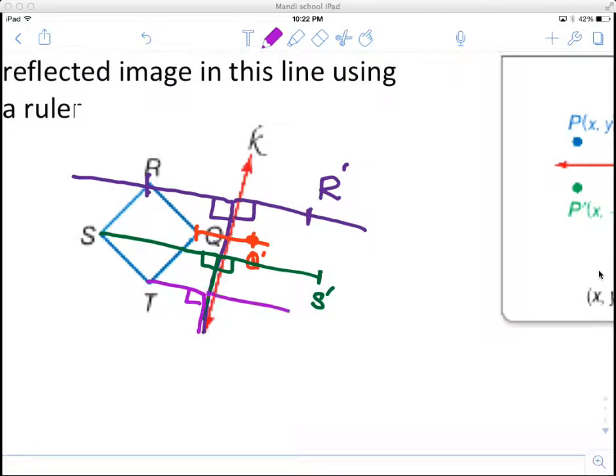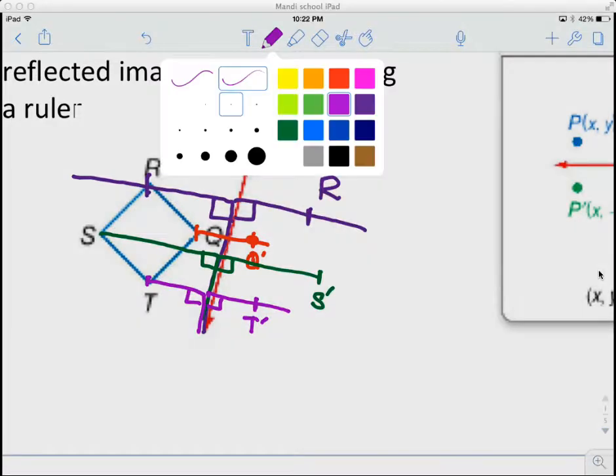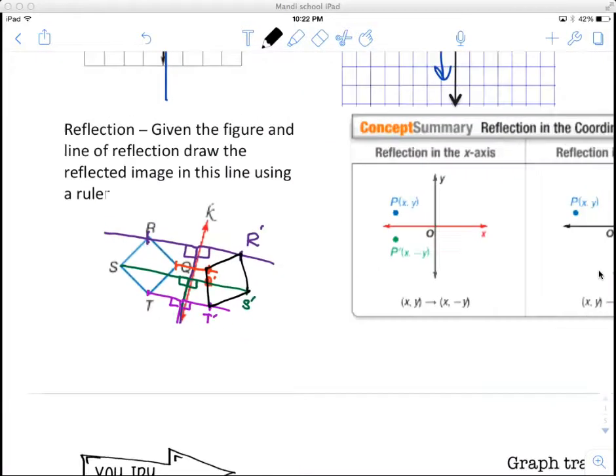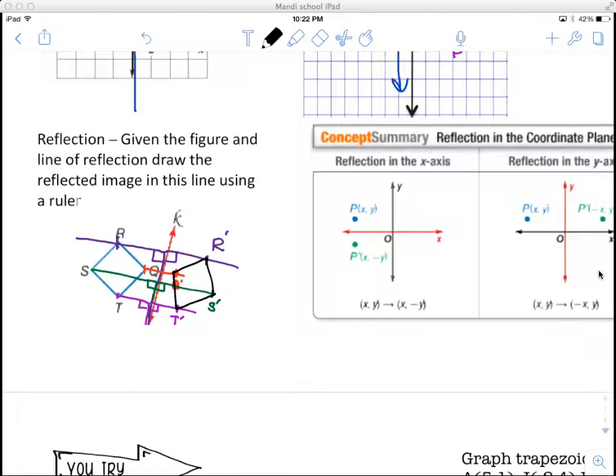Then flip it over and mark that. Flip it over, line it up there. And then you can connect your dots. So R prime, Q prime, S prime. Mine doesn't look too bad having not done that with actual paper. But you kind of get the idea. Like I said, hopefully you get to see that.